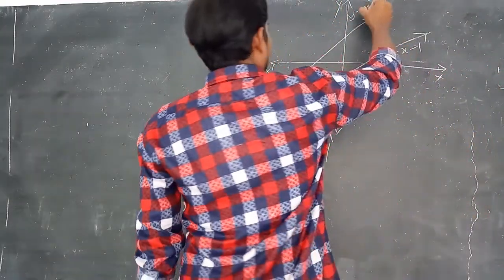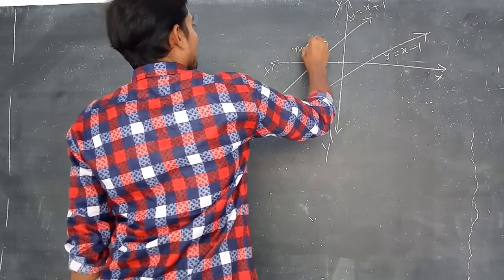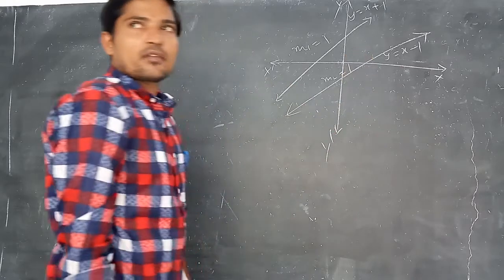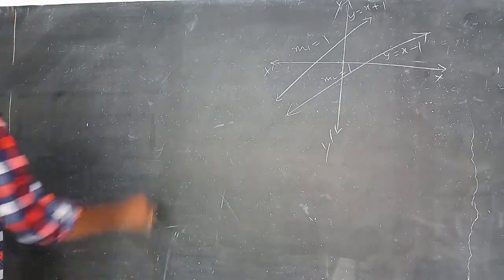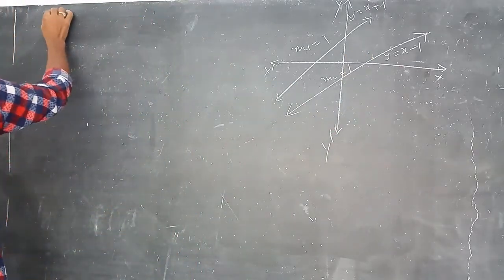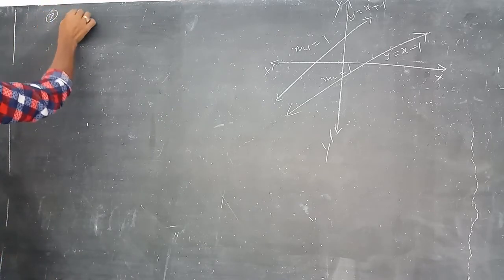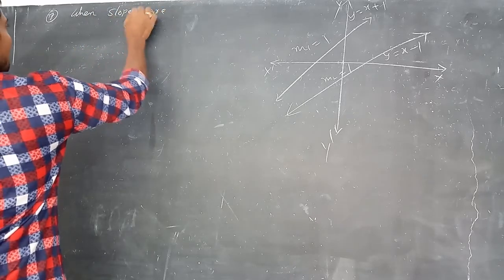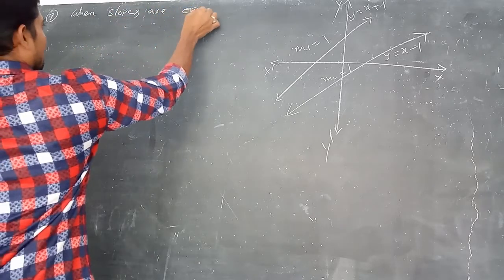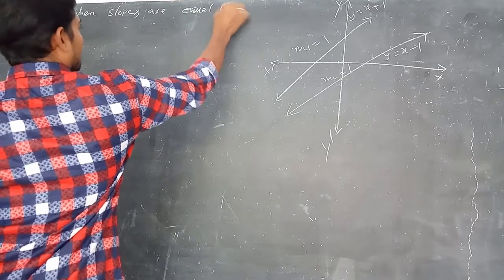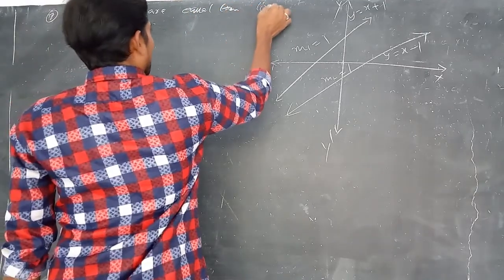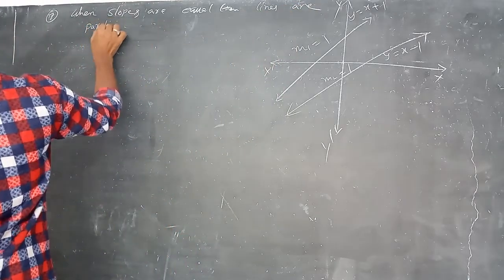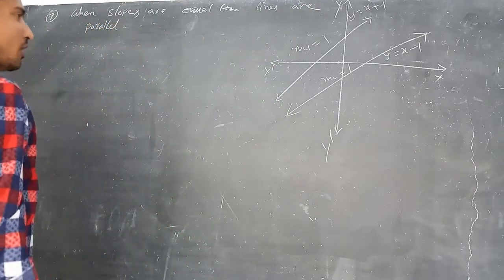So the slope of this line is 1. Suppose m1 equal to 1 and m2 is also equal to 1. When the slopes are equal, then the lines are parallel. We can decide that this is the seventh point: when slopes are equal, then lines are parallel. Right?